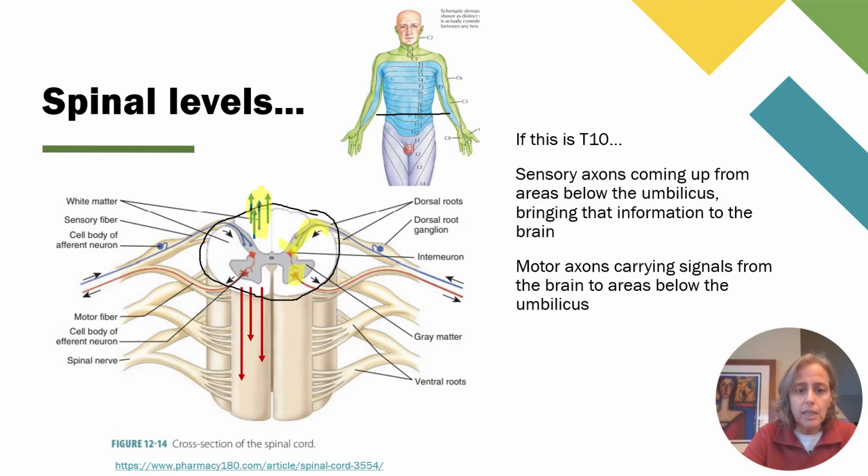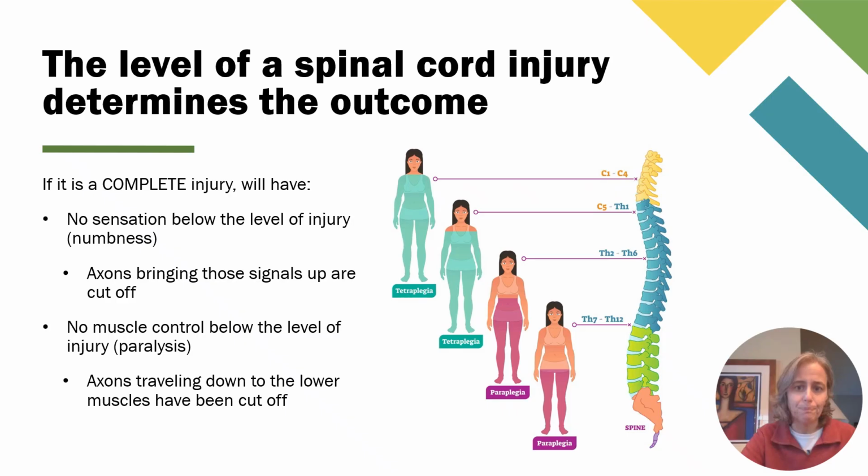And conversely, in the columns over here, I've got motor signals. So signals from my brain down to the parts below my belly button, my umbilicus, have to come through this level, right? There's no bypass around as you are going through that entire spinal cord.